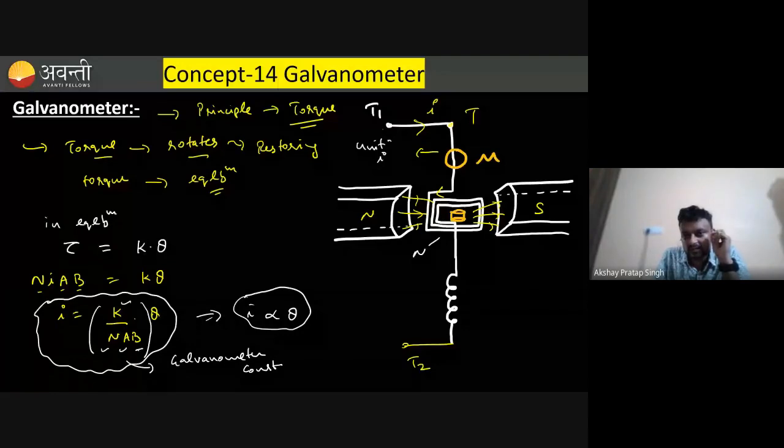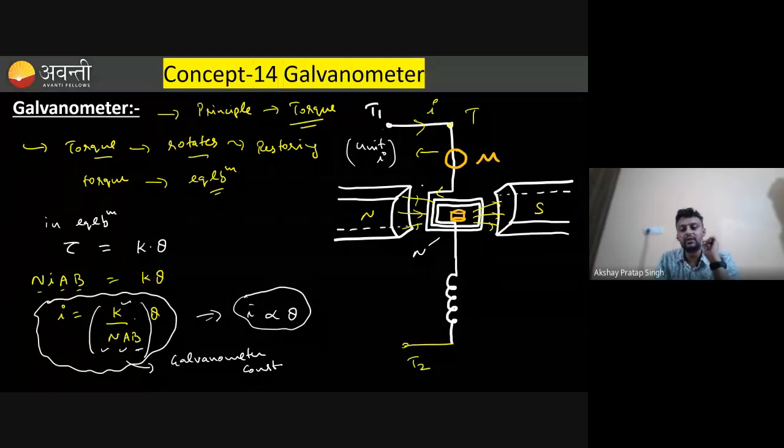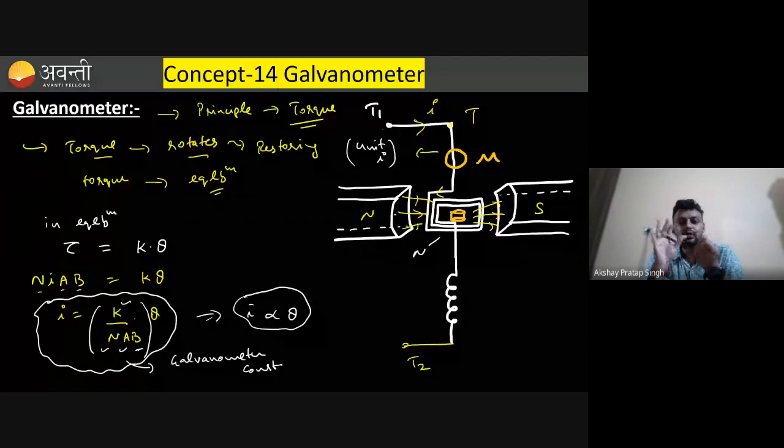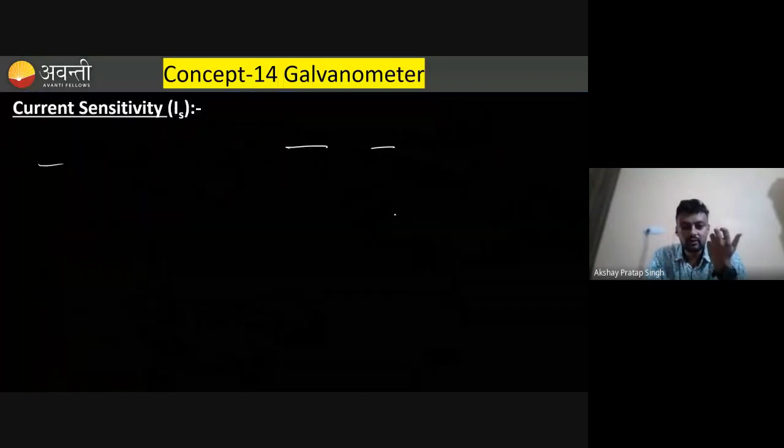If you pass a unit current in this galvanometer, the amount of deflection it produces is called current sensitivity. A galvanometer will be more sensitive if for a small amount of current the deflection produced is very large, so you can read the deflection. That is called a more sensitive galvanometer. So what is current sensitivity? The deflection produced in the galvanometer per unit current.